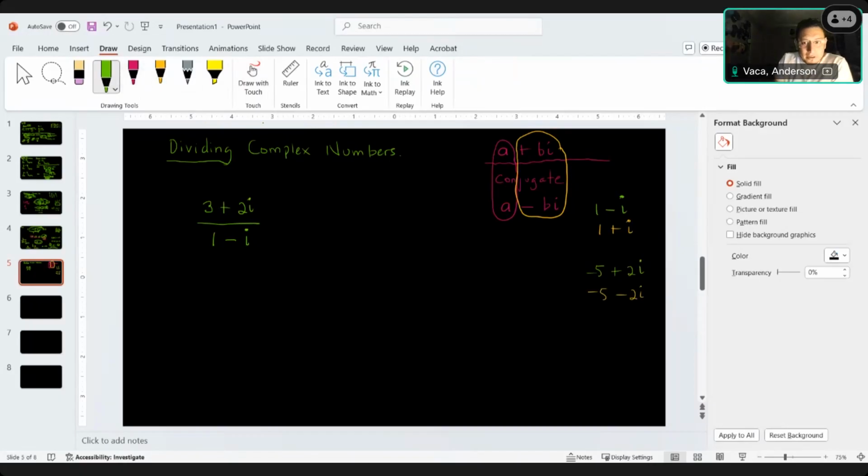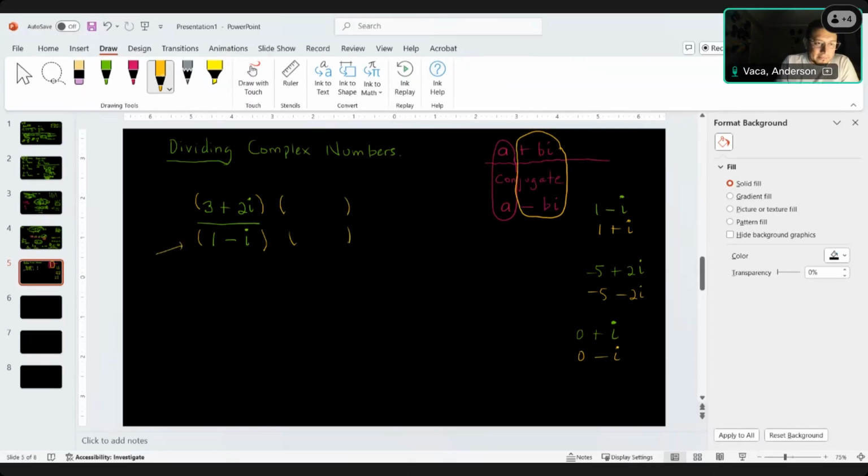If a complex number looks like i, that is 0 plus i. Its conjugate will be 0 minus i. Why am I saying this? Back in the day, we decided that in order to do this, we multiply top and bottom by the conjugate of the denominator.